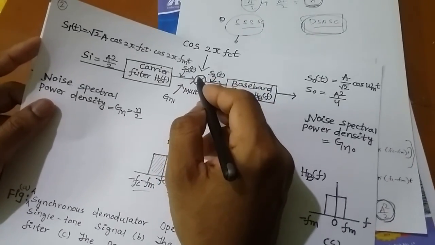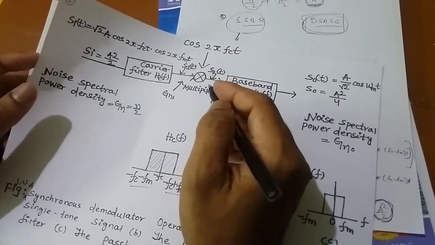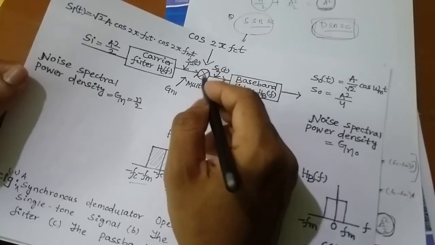Now this S1 of t is multiplied with cos 2 pi fct. Now let us do the mathematical analysis. What happens after multiplying with cos 2 pi fct?